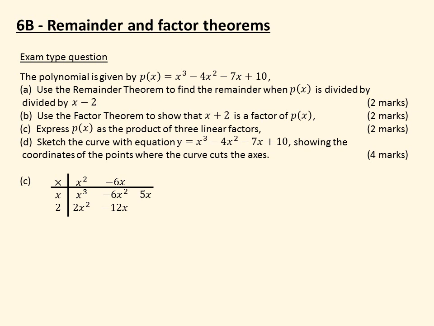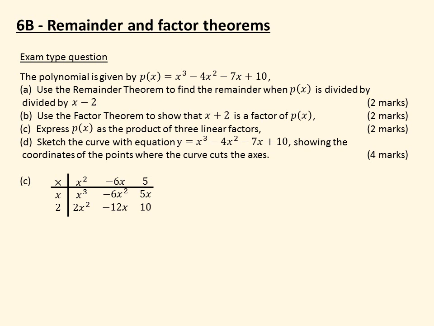The part at the top must now be 5, and at the bottom we have 10. Notice how this 10 is what we actually need. This should be right, as x plus 2 is a factor.